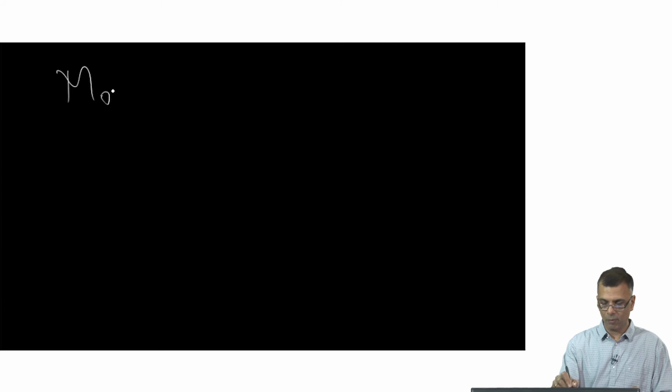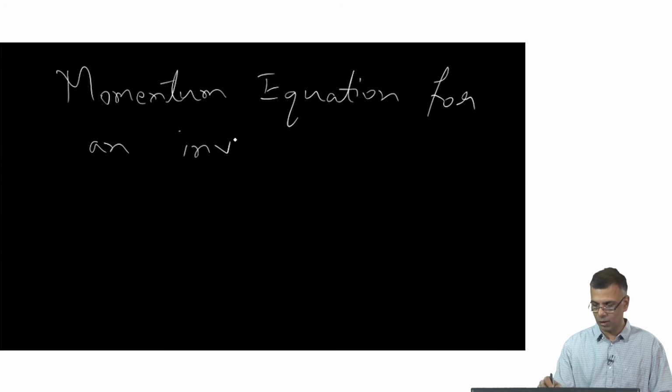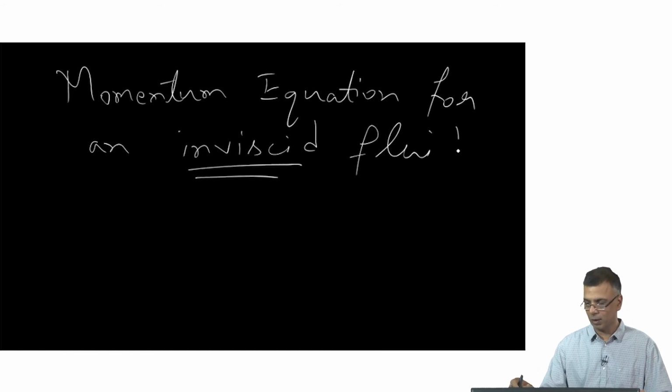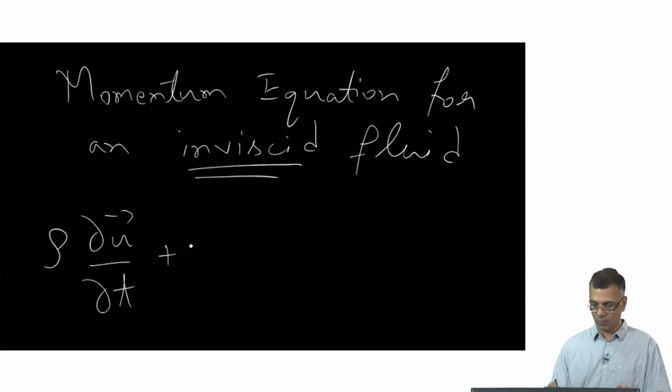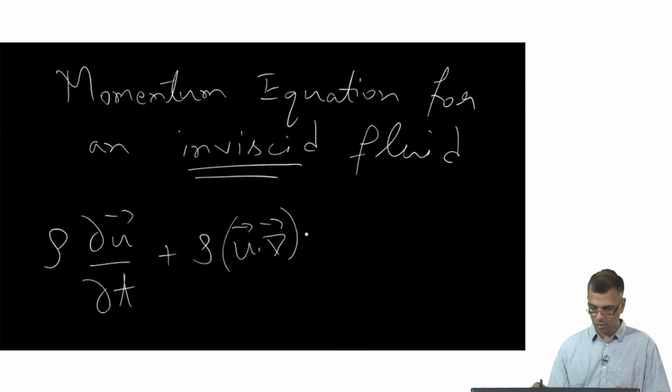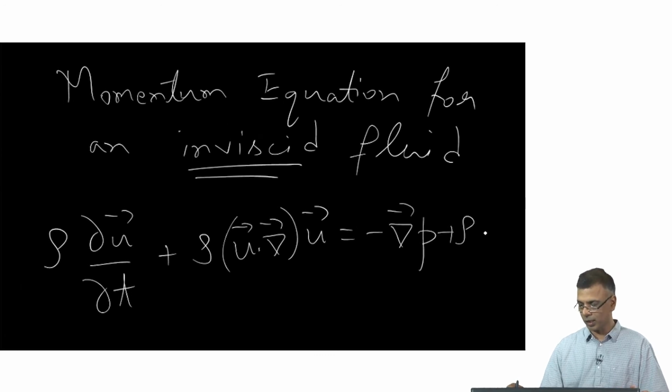The momentum equation for an inviscid fluid, where viscosity is not important, you can write down as rho, again all of this in the Eulerian frame, equal to minus the gradient of this scalar pressure, plus, if you want to include body forces, you can.